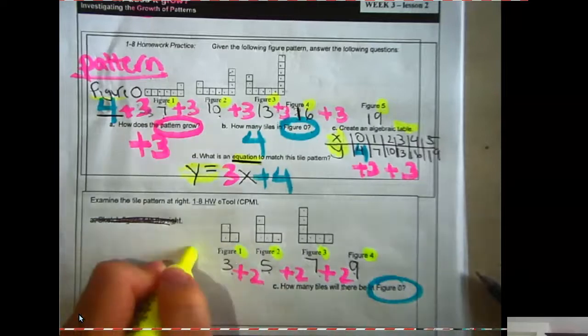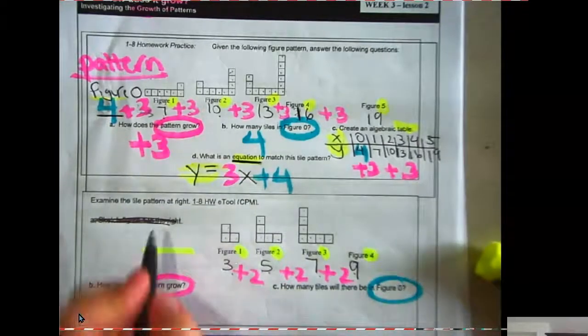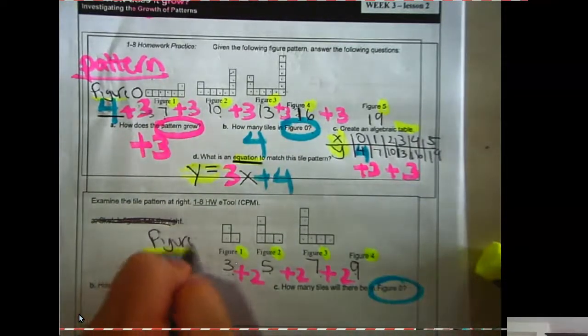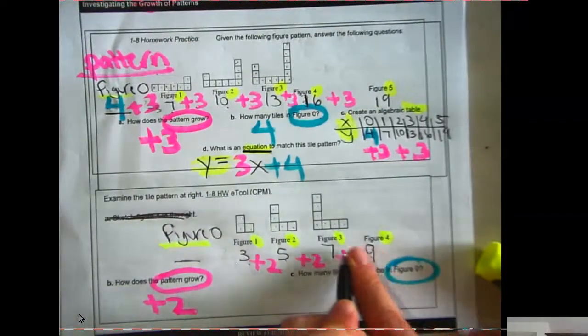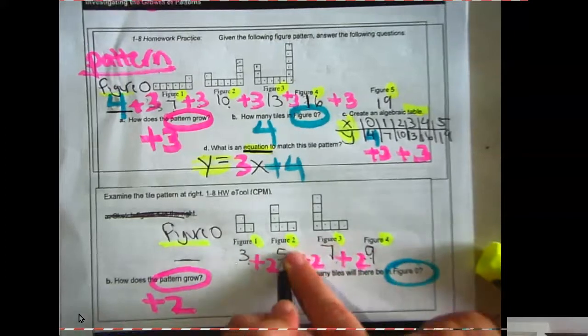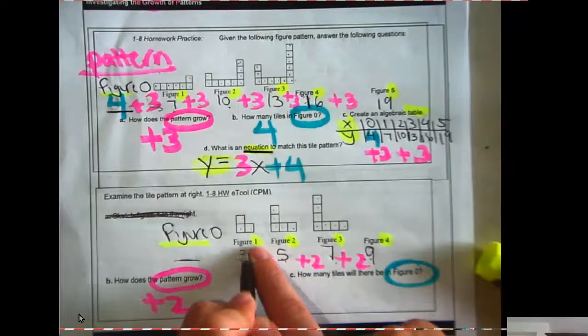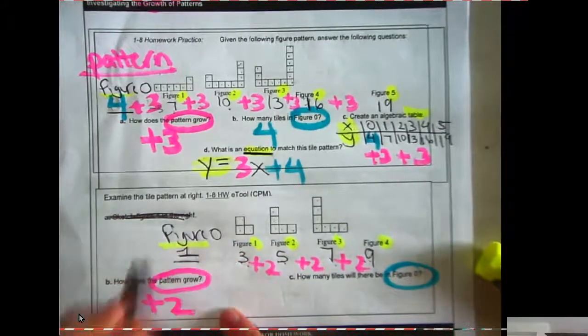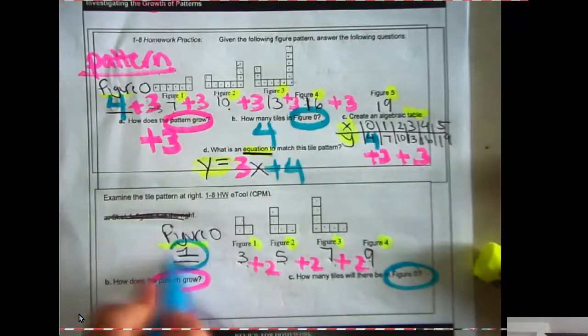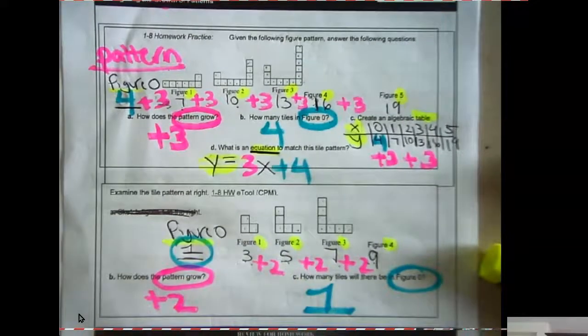This is figure 1. Right here will be figure 0. So if this is 9, 7, 5, 3. Instead of adding 2, I minus 2, and it's 1. So that means now there will be 1 tile in figure 0.